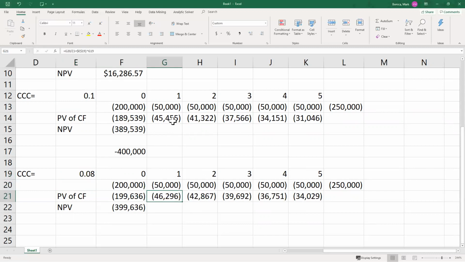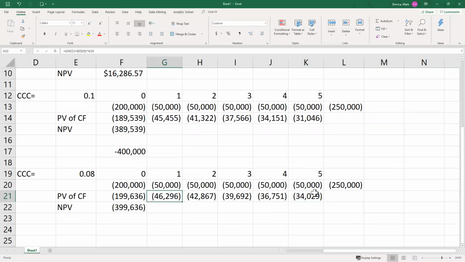This has the effect, if you compare these two, of causing those future cash flows to be more expensive. And that's appropriate because what we're looking to do here is reduce costs, to find the lowest cost way of doing this business.